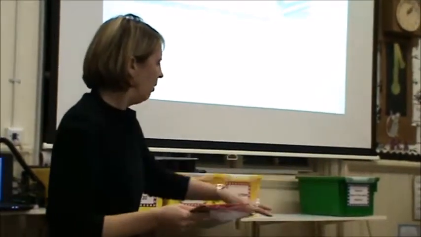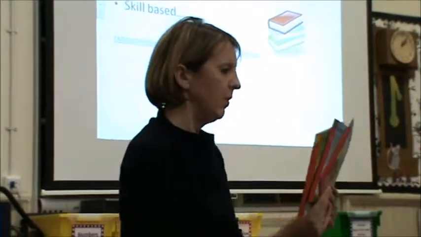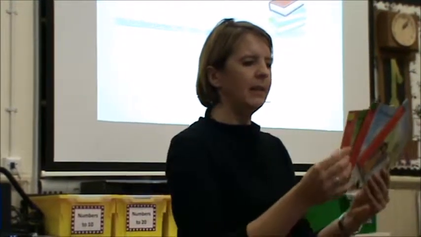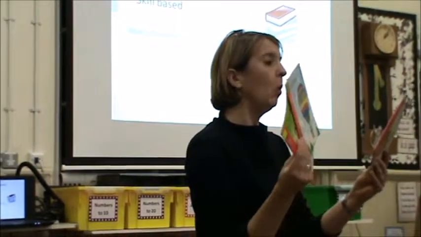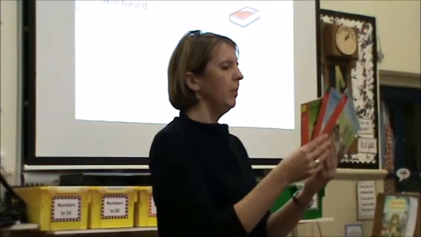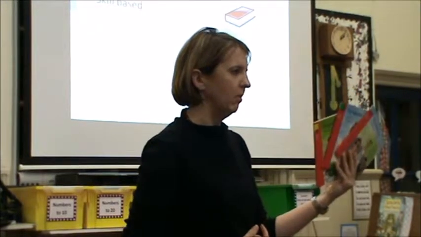And there are a whole load of books you can have a little look at if you want to, but this is a perfect example. Back in the day, pre-book band, if you were just using Oxford Reading Tree as your reading scheme, this is a stage 4. All 3 of these books are from stage 4 in Oxford Reading Tree. But you should be able to see at a glance, they've got 3 different colours on them.